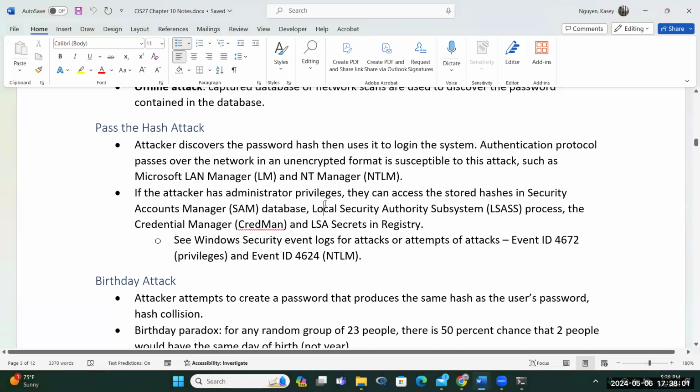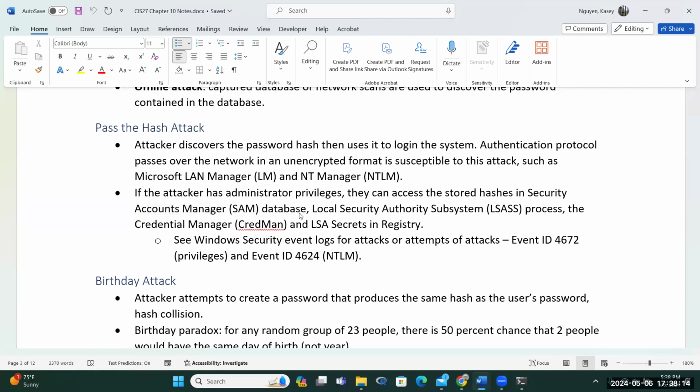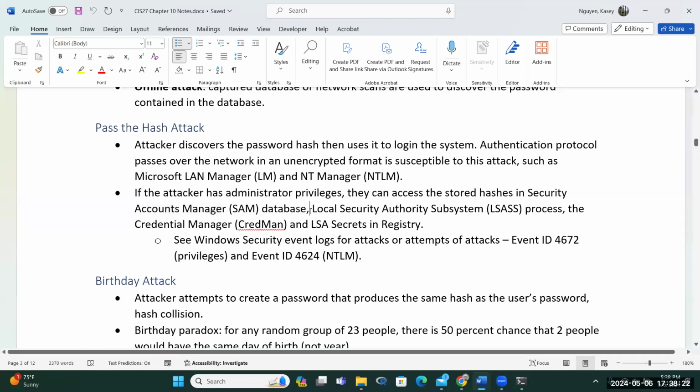And if they have higher privilege, like admin privilege, they can use SAM, which is a database used to track your security token. Whenever you log into the RCCD network, a token is given to you from SAM. If you are only on the local system, it uses the sub authority.